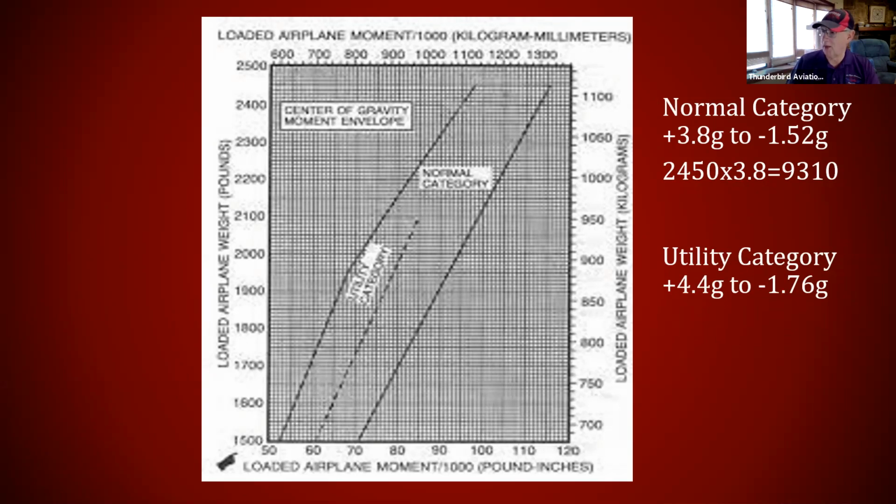But the interesting thing I noticed is the reason that they bring the weight down so much is because when you multiply 2,100 times the 4.4 Gs, you almost get the exact same number. So basically the max weight in the utility category is limited by the amount of weight that the wings can hold up in the first place.